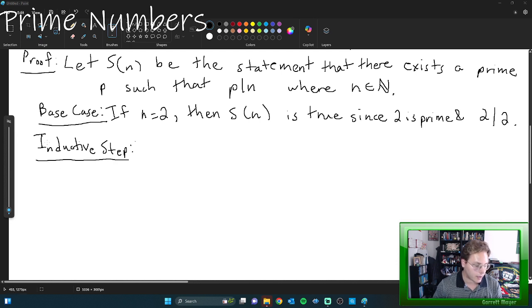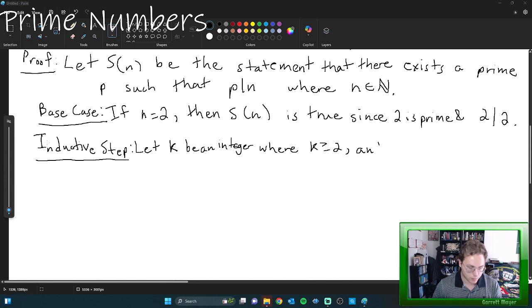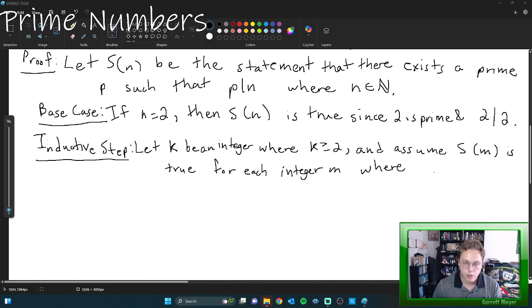So what we're going to do is let k be an integer where k is greater than or equal to 2, and assume Sm is true for each integer m where 2 is less than or equal to m is less than or equal to k.